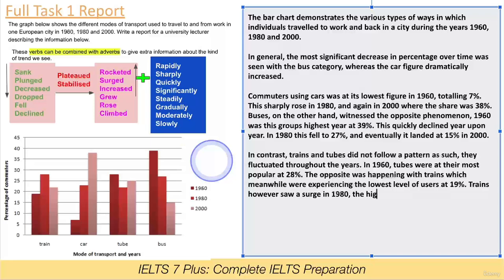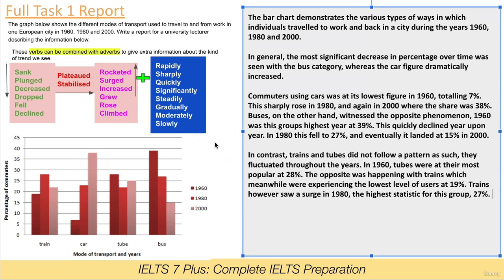The highest statistic for this group, 27%. Then tubes had a drop and then they climbed back up.